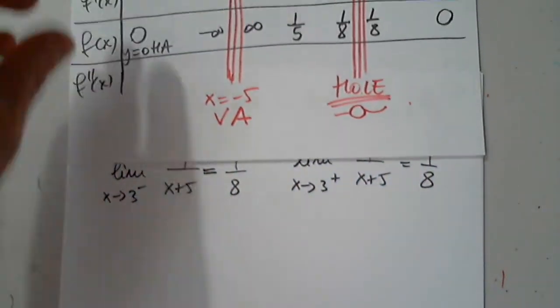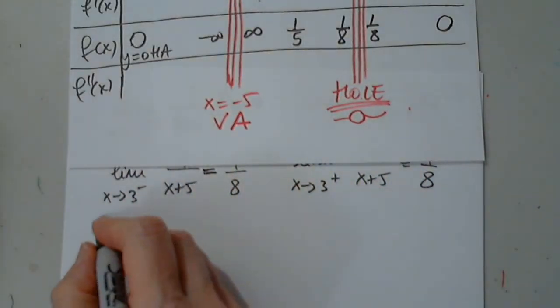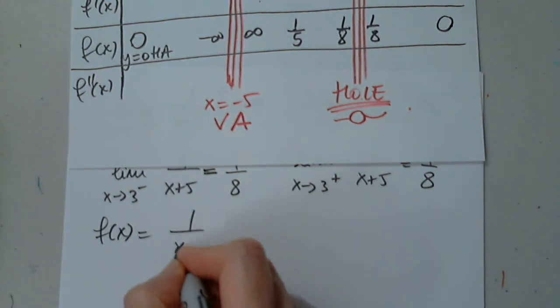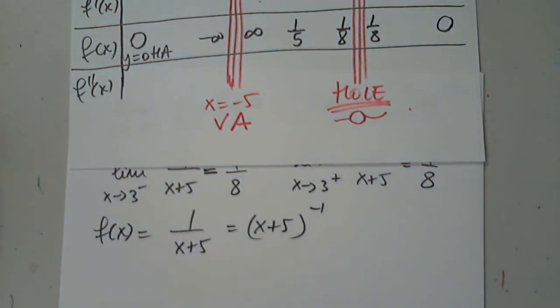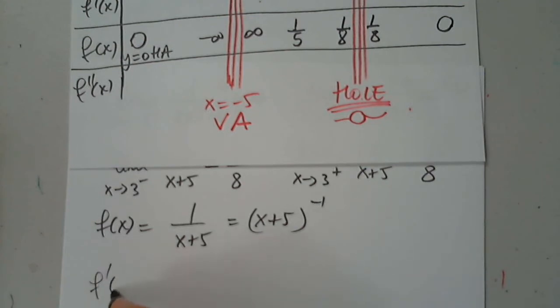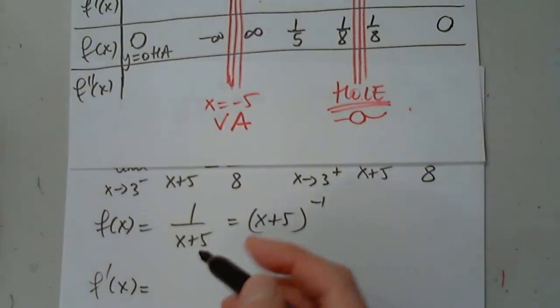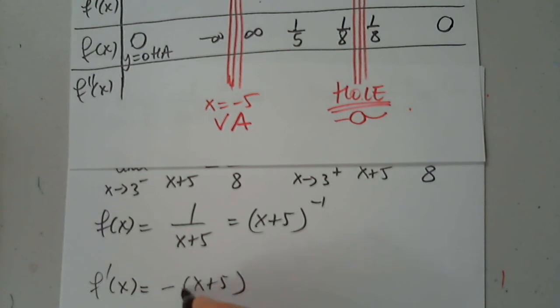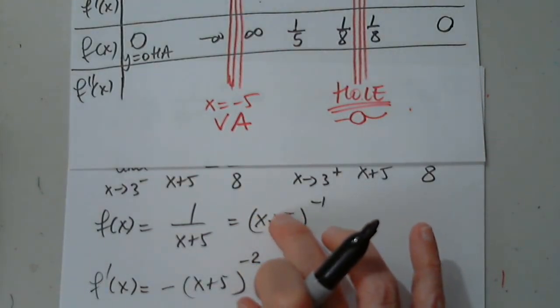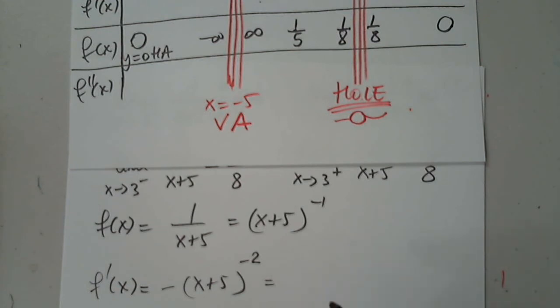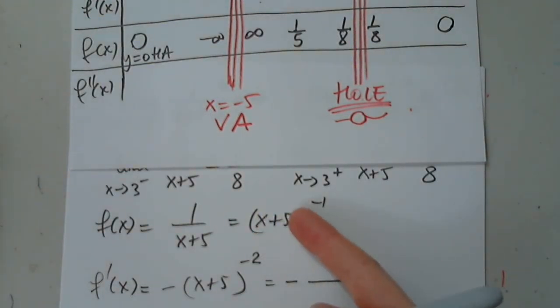So f of x is 1 over x plus 5, or x plus 5 to the -1. And we want to differentiate: f prime is -1, x plus 5 to the -2, times the inner function prime. How much is the inner function prime?